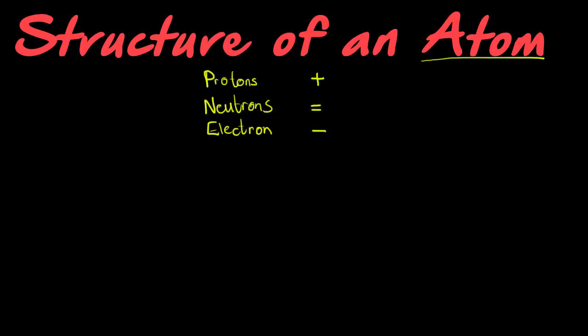Now the protons and the neutrons, these two together, exist in the nucleus of an atom. Even though the nucleus is the smallest part of the atom, that is where all of the atom's mass exists.